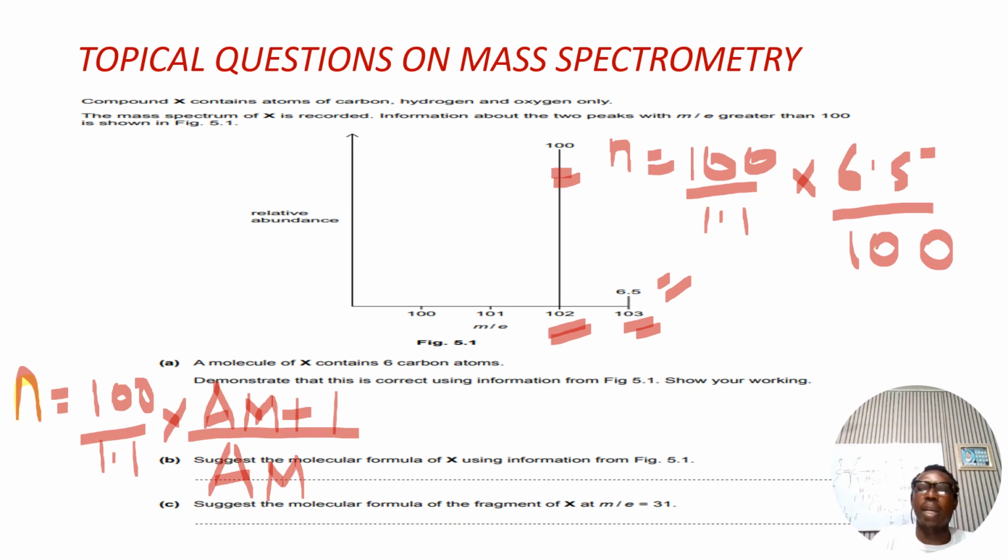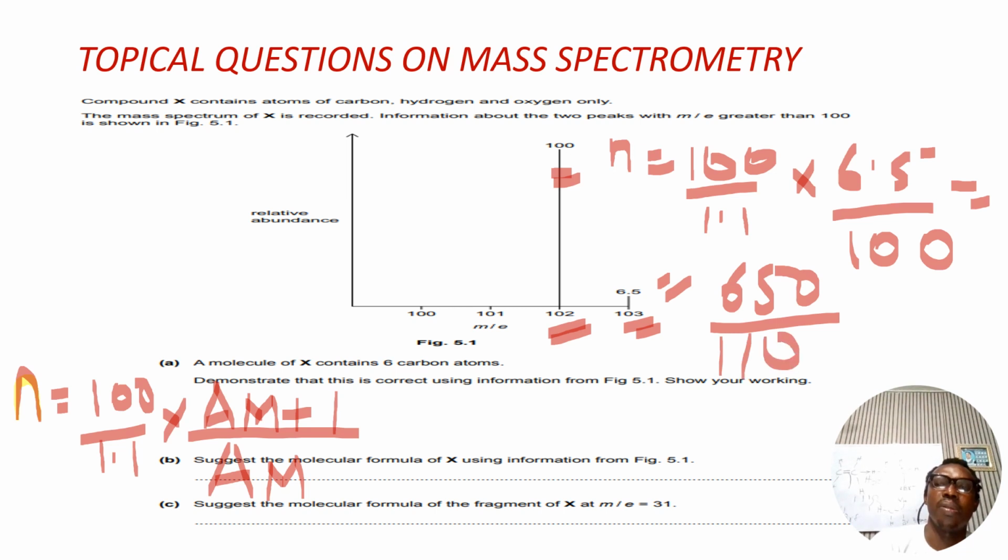So let me use my calculator. It will now be 100 multiplied by 6.5, so you have 650, divided by 1.1 times 100, which is 110.